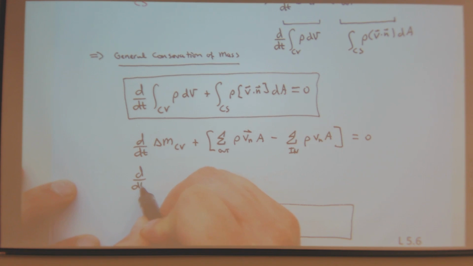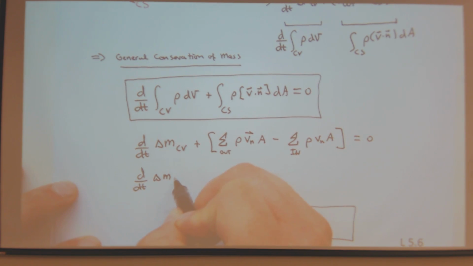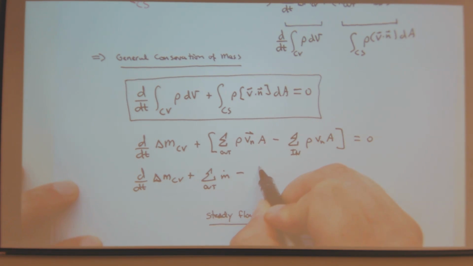D dt delta M cv plus the sum out m dot minus the sum in m dot equals 0.